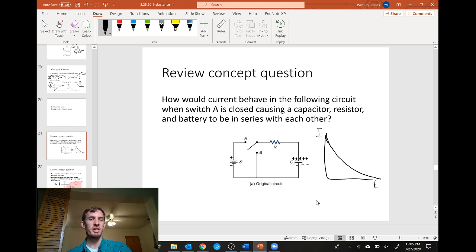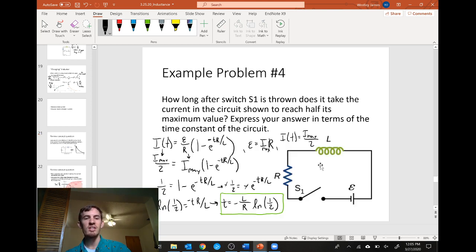DC means direct current. That means current is going in one way. It's a constant source. The battery is a constant source of voltage. But it's a specific kind of DC circuit where you have a resistor and a capacitor, hence the R and the C. And an LR circuit is a DC circuit that just has an inductor, which is L, and a resistor, which is R.